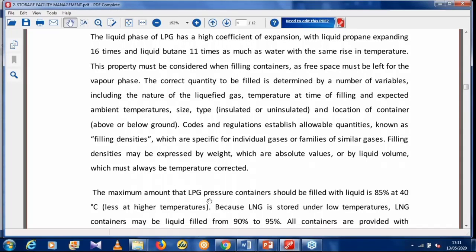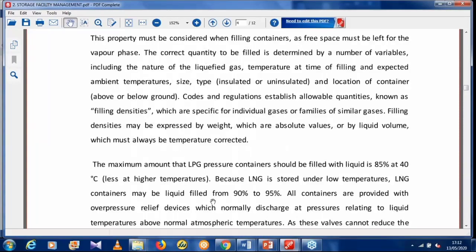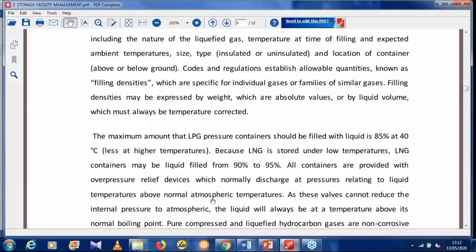Why? You must have that tolerance. What this means is that we don't fill up our gas storage facilities to the maximum. We don't do that.